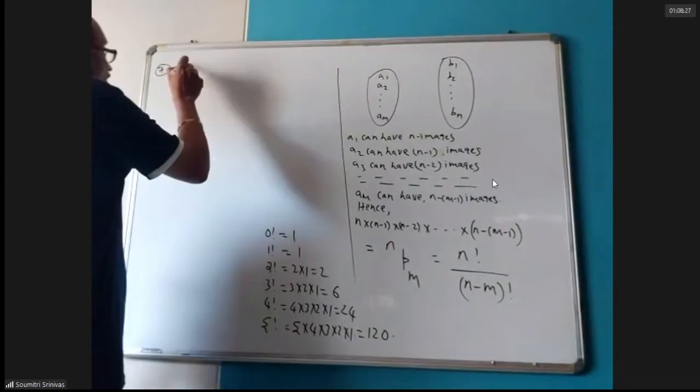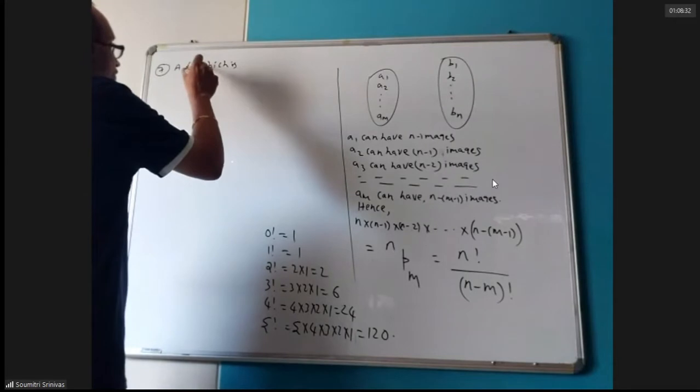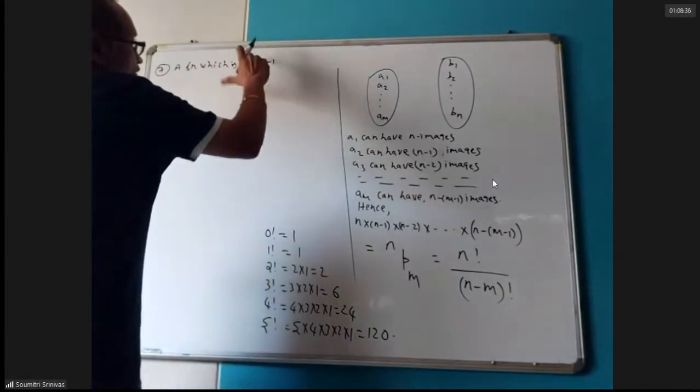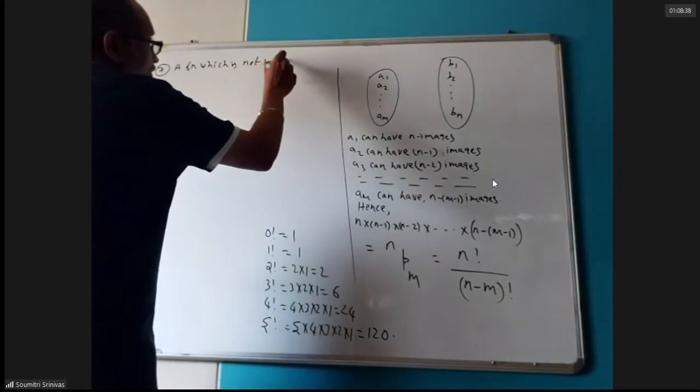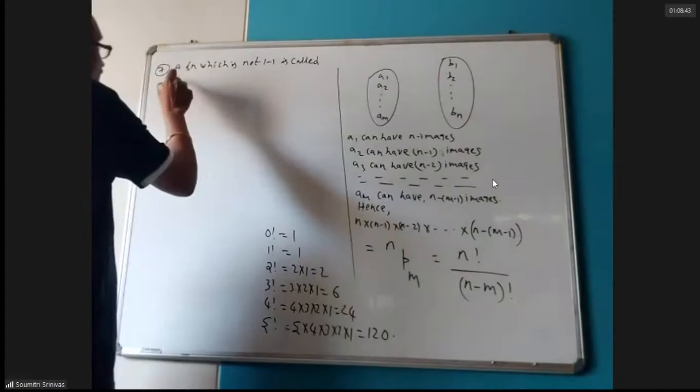A function which is not 1-1 is called a many-to-one function.